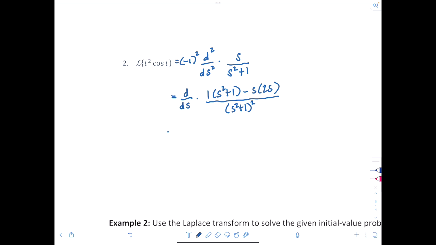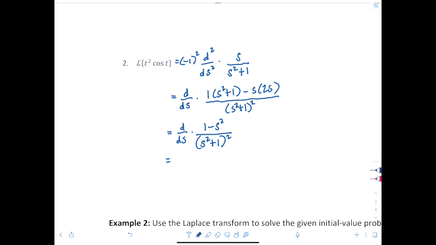And then we want to simplify that before we take the next derivative. And so that's going to be s squared minus 2s squared, and then a positive 1. So we'll have 1 minus s squared over s squared plus 1 squared. Cool so far? Now we just need to do another derivative for this guy.